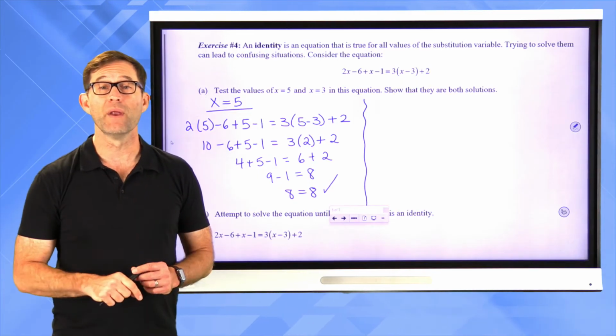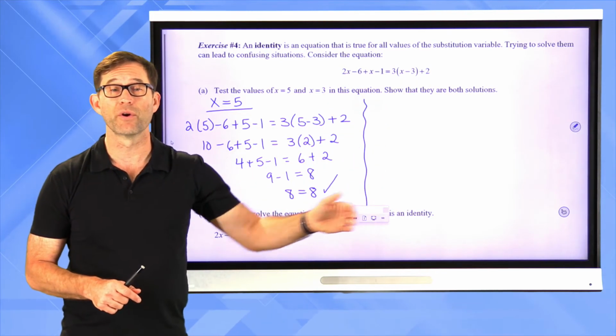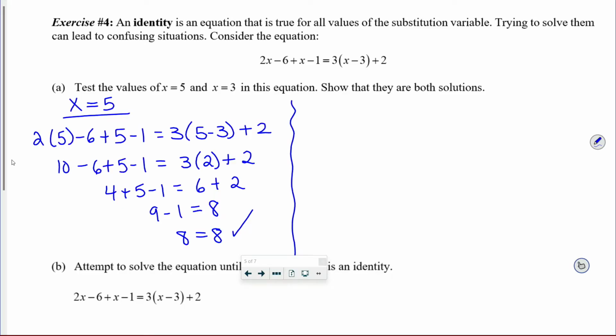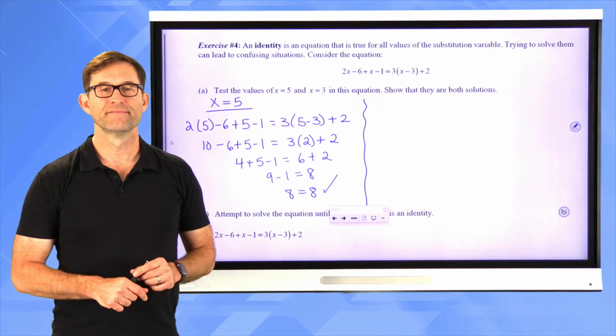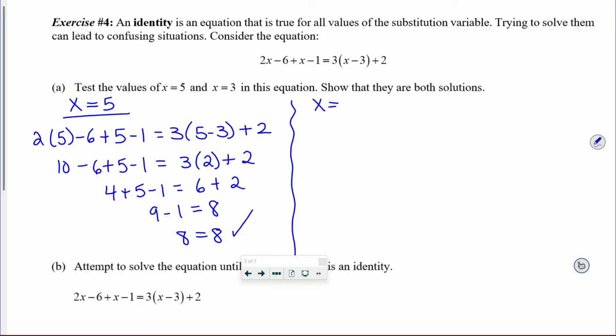What I'd like you to do now is take x equals 3 and go through the same procedure over here. All right, let's do that really quickly together. For x equals 3, I'm going to have 2 times 3 minus 6 plus 3 minus 1 is equal to 3 times 3 minus 3 plus 2.